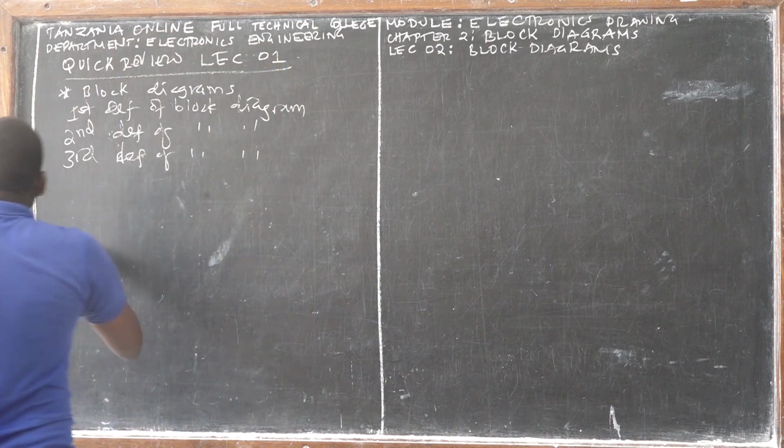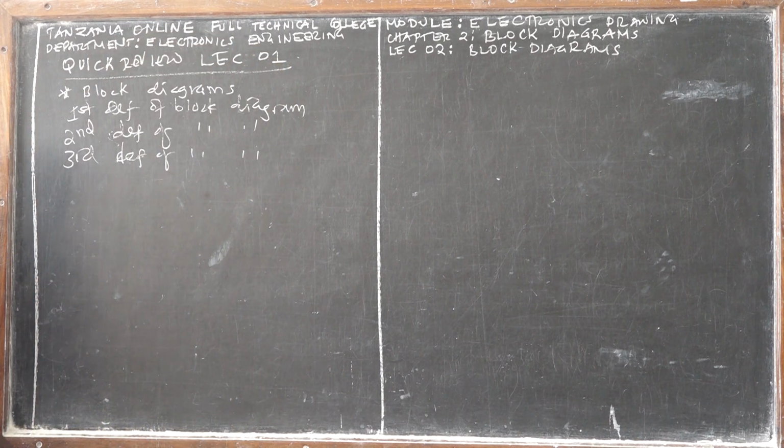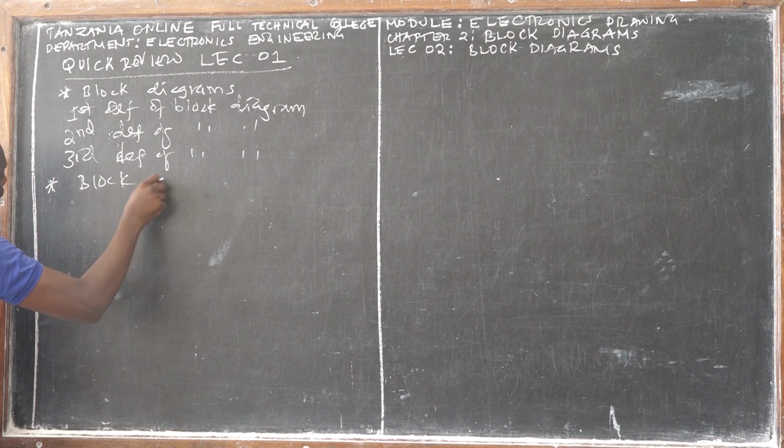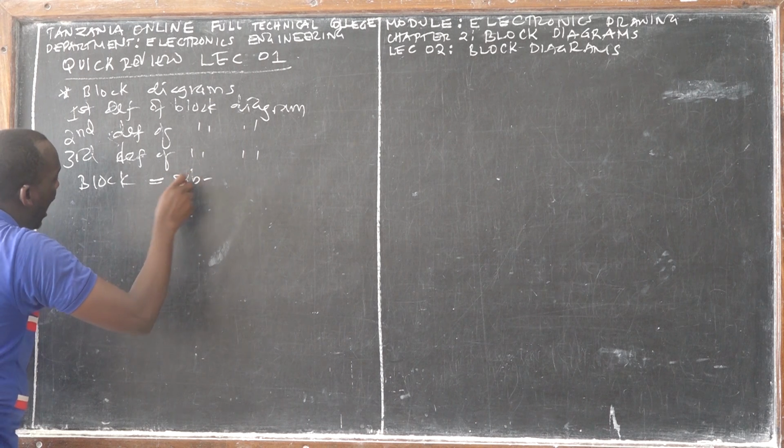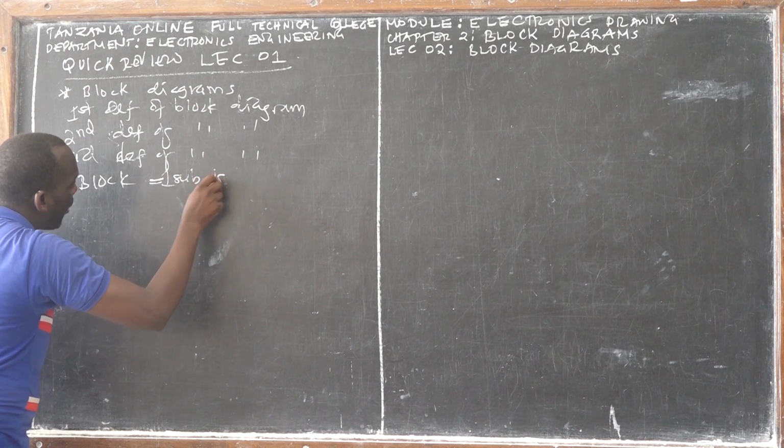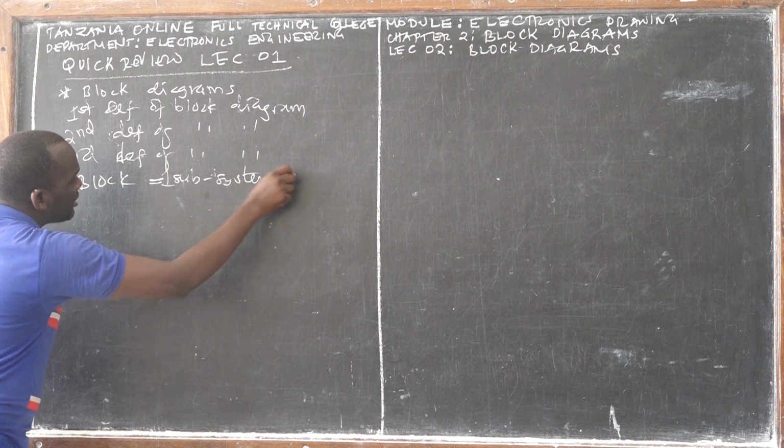Then after that, I gave you some description. One of the sentences I presented to you is that each block or each subsystem of the entire system will be represented by a block. So a block represents one subsystem.